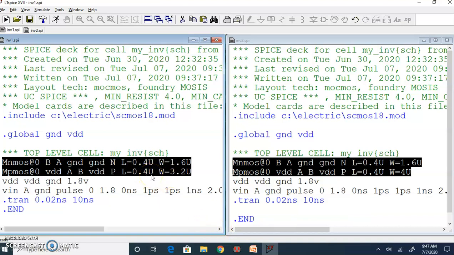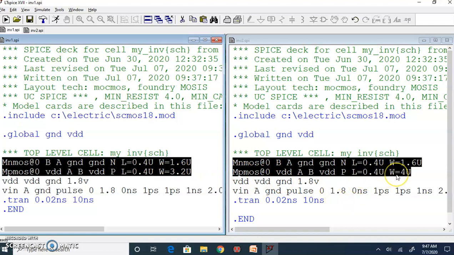Similarly, for the PMOS, L is 0.4 micrometer and W is 3.2 micrometer. We have used a scale of 200 nanometer, so any unit length will be multiplied by 0.2 micrometer.